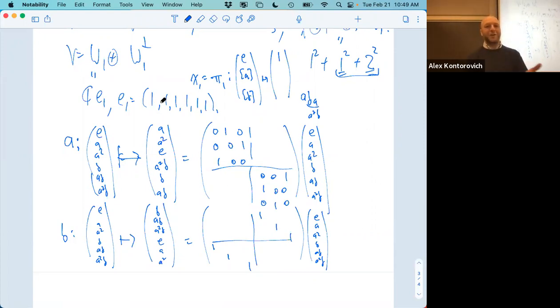And what I'm doing to the functions is adding all of the indicator functions of E, A, A squared, B, AB, A squared B. And so when you apply any element, you just get back E1. So pi doesn't do anything. Pi as a matrix is the 1-by-1 matrix of the constant 1, the identity 1-by-1 matrix. And so the character just takes the value 1 everywhere. Okay, that's the trivial character.